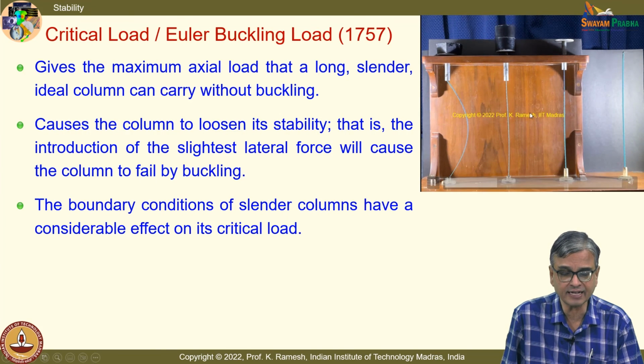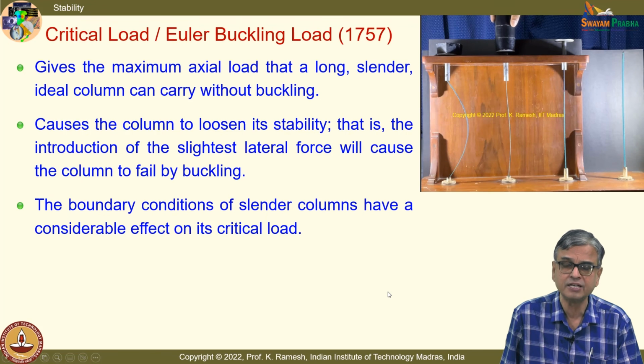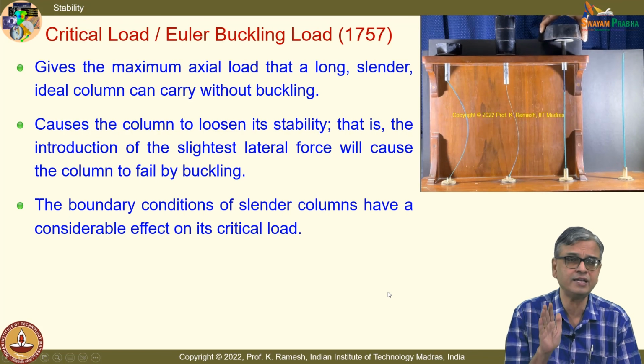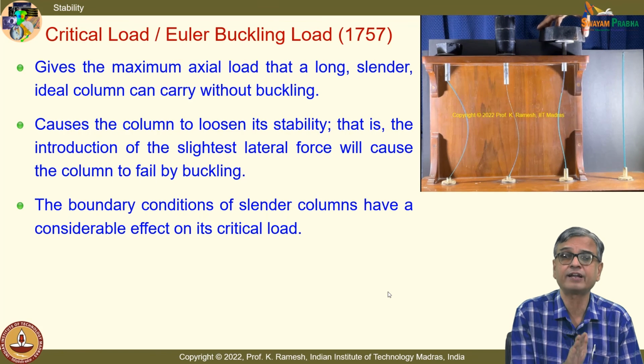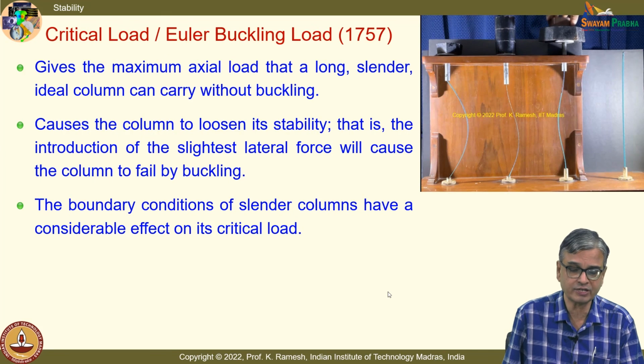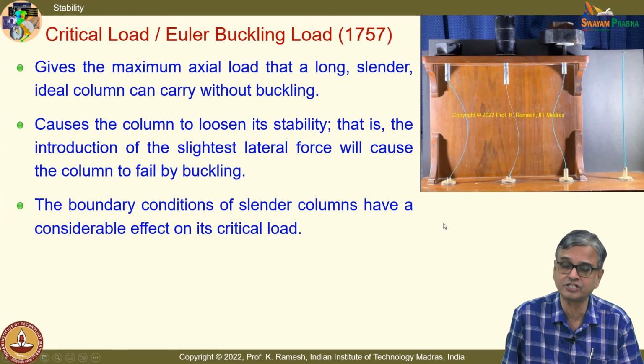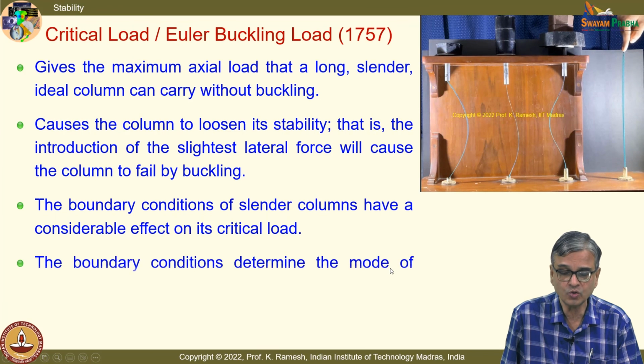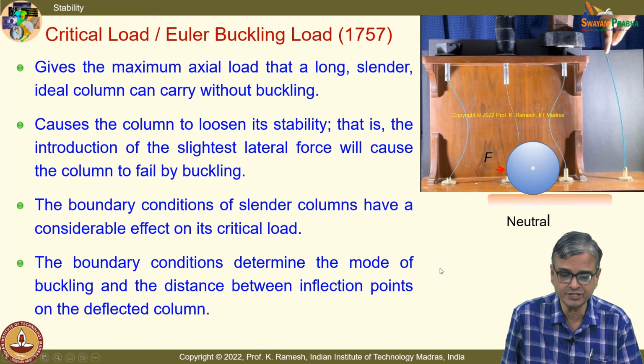Second aspect is that the critical load at which buckling takes place is very sensitive to the boundary conditions, and we have looked at how the shape changes when the boundary condition changes, and we also said that these are all neutral equilibrium positions.